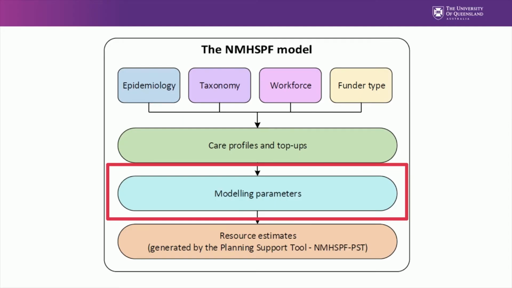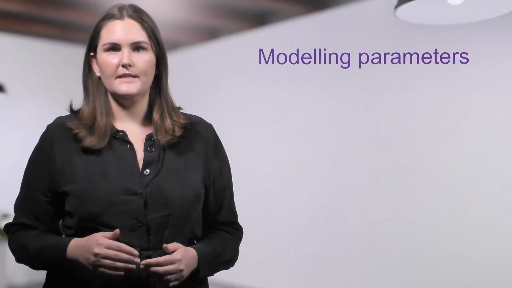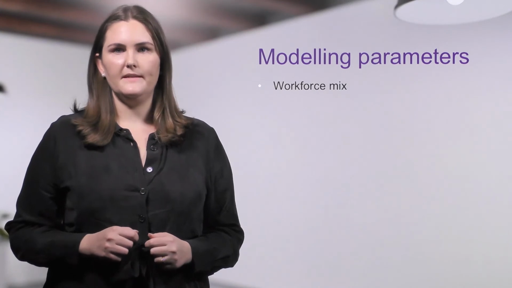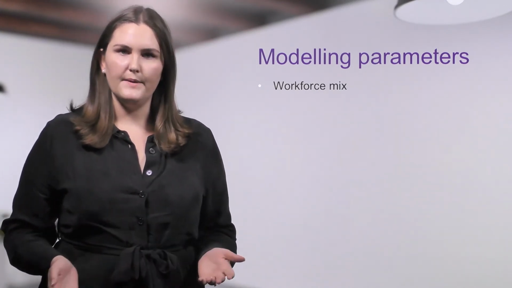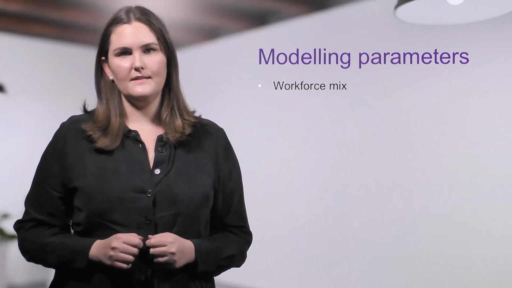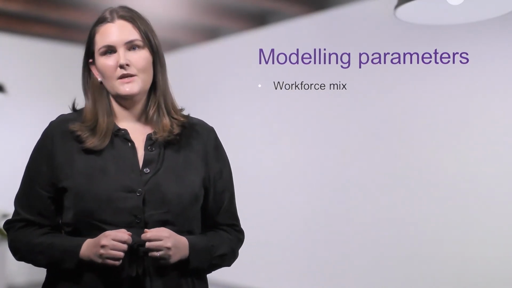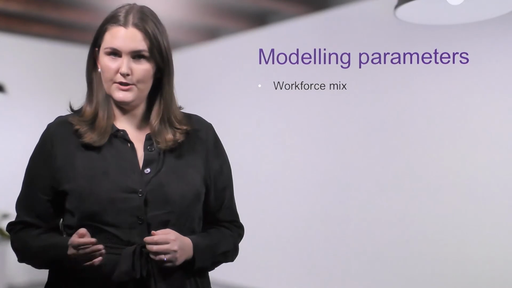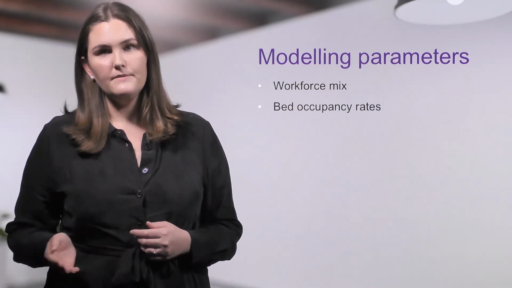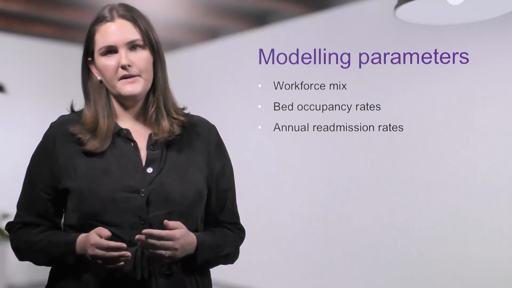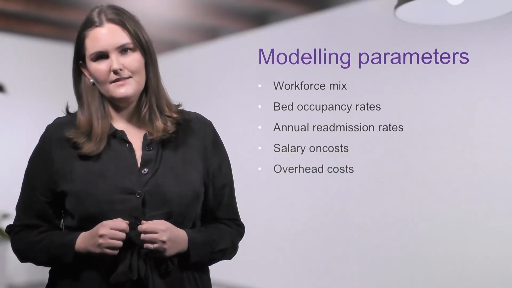Finally, the framework includes a series of modeling parameters. Modeling parameters include the desirable workforce mix for each team-based service. These are based on staffing profiles from example services around the country. Operational parameters are also included, such as bed occupancy rates, annual readmission rates, salary on costs, and overhead costs.